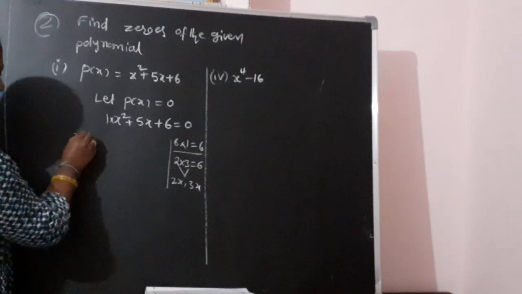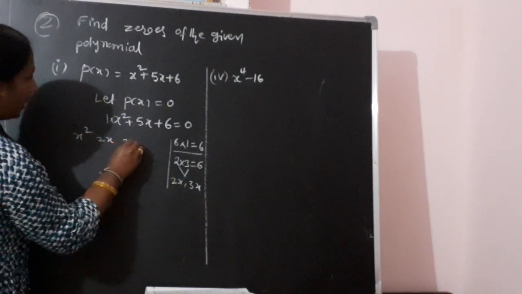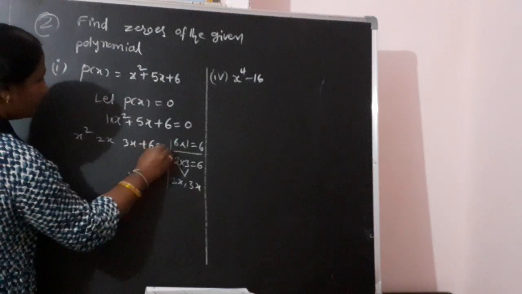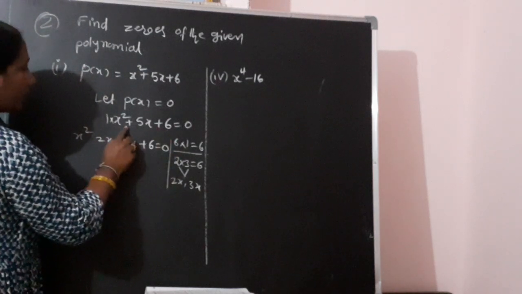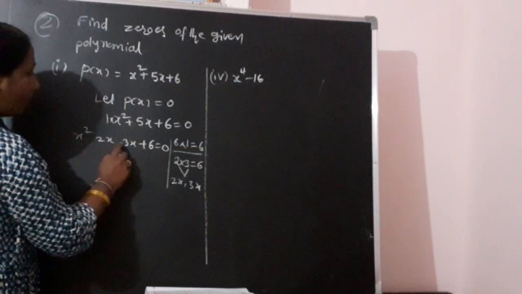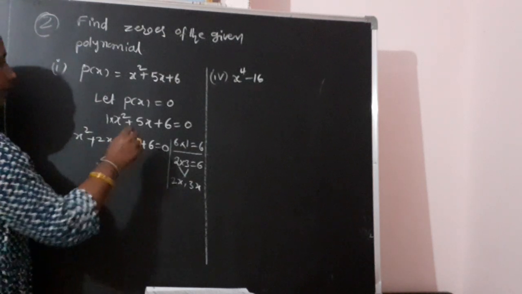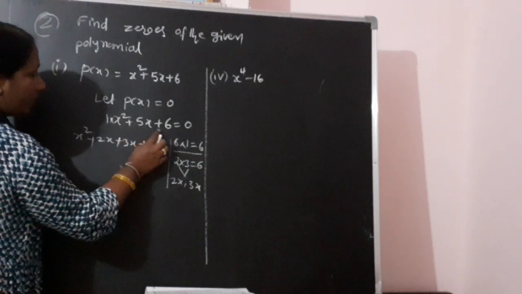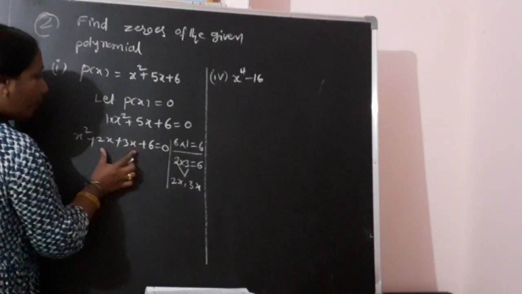Listen carefully: x square, so you write both 2x. I am telling you a clue here, you can observe this. Whenever the constant symbol is plus, you give that symbol to both.